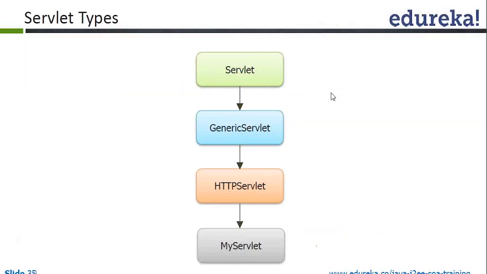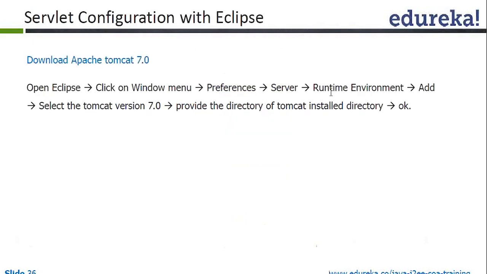But HTTP servlet is specifically for HTTP only. The advantage of HTTP protocol is that it supports your get method, post method, any method. Generic servlet does not support all these methods.